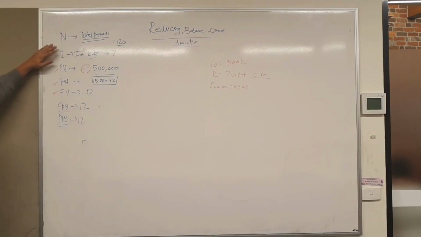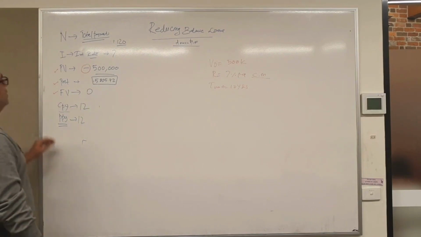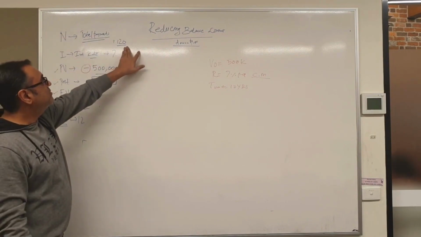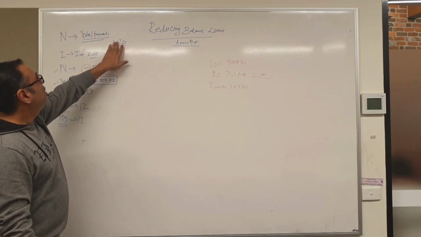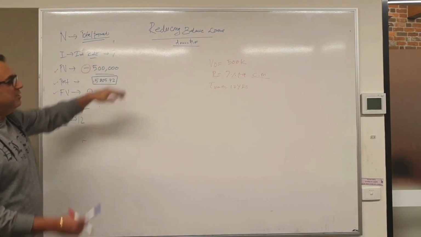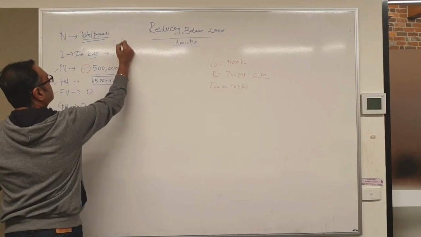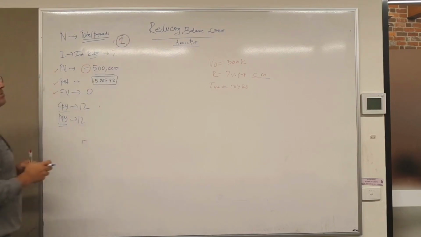Yeah. N is 120, it is compounding monthly. So sorry, total number of payments. This could be tricky. I'm not receiving any payments here. So let's say my N is, let's try it. I'm just experimenting. Let's try N to be 1 here. Now I'm just getting one payment in the end, right?